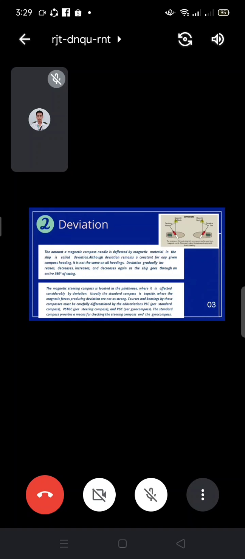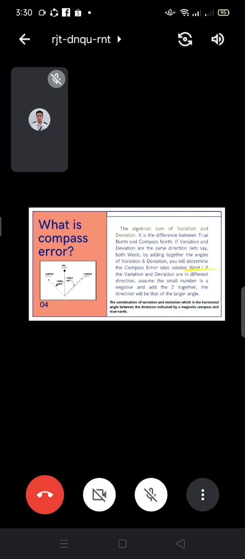Courses and bearings by these compasses must be carefully differentiated by abbreviations: PSC, or per standard compass, PSTGC, per steering compass, and PGC, per gyro compass. The standard compass provides a means for checking the steering compass and the gyro compass.